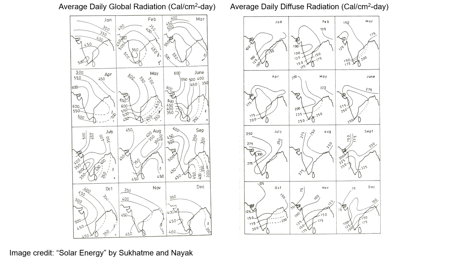This is a plot of average daily radiation. Of course, it varies throughout the day, throughout the year, and also every day there are variations, but there are plots of average daily global radiation and average daily diffuse radiation for India, which have been compiled by Sukhatme and Nayak in the book Solar Energy.